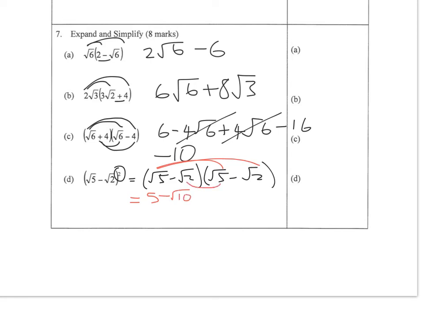Negative root 2 times root 5 is negative root 10. And negative root 2 times negative root 2 gets you a positive 2. Okay, so we get 5 plus 2 is 7. Minus 1 root 10 minus 1 root 10 gets you minus 2 root 10.